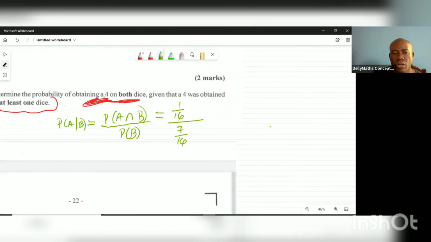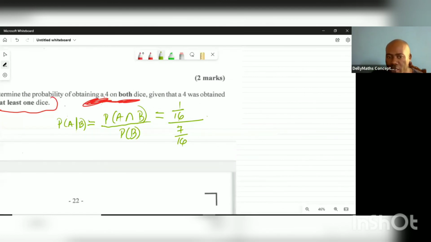As I said to you, you need to note this down. I don't know if it's on the formula sheet. It's a conditional probability where I'm saying what is the probability of getting one event given that an event is gone. All you're going to do is find the intersection of the two and put that on top, then divide it by the bottom one, the one that is gone.